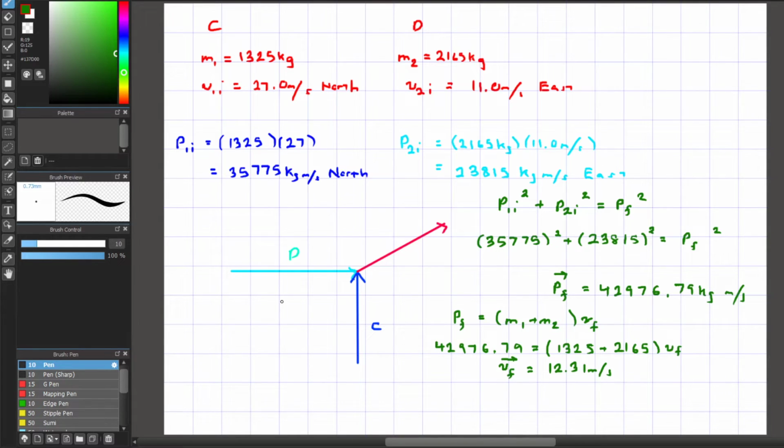So since we have the final momentum and we know that the two cars are together when they crash, we take the final momentum and divide it by the total mass after the crash to get the final velocity.